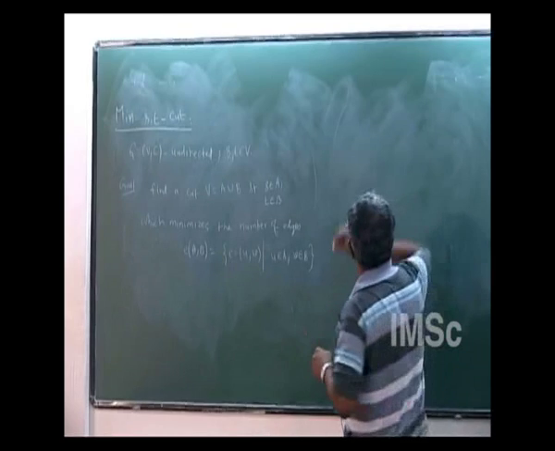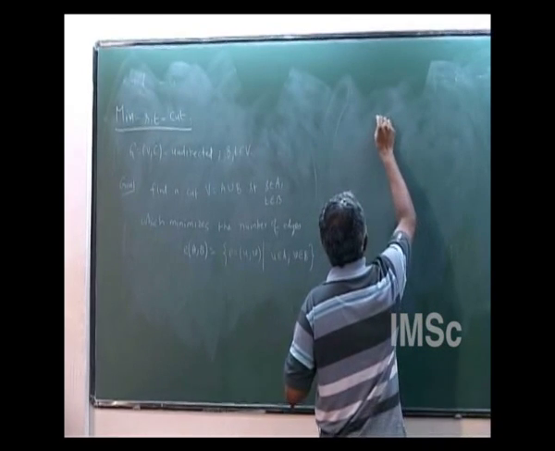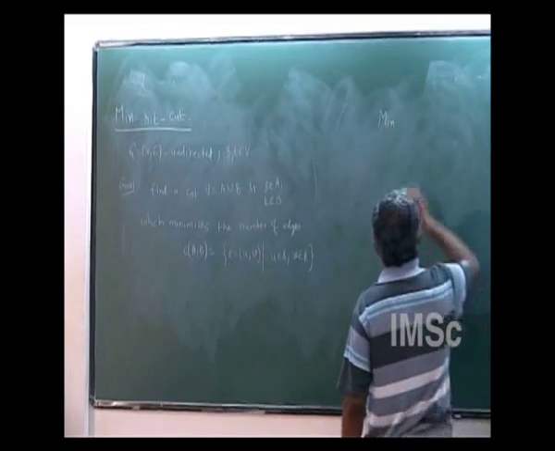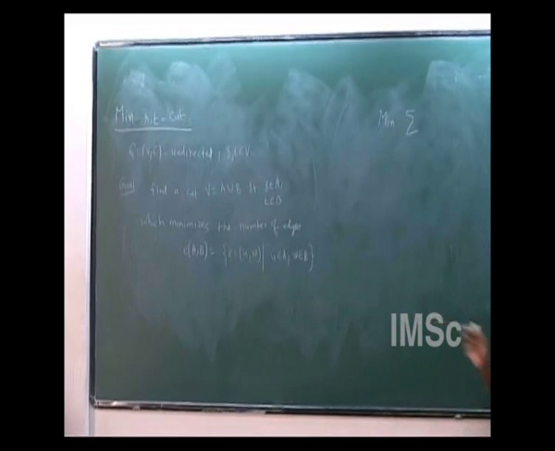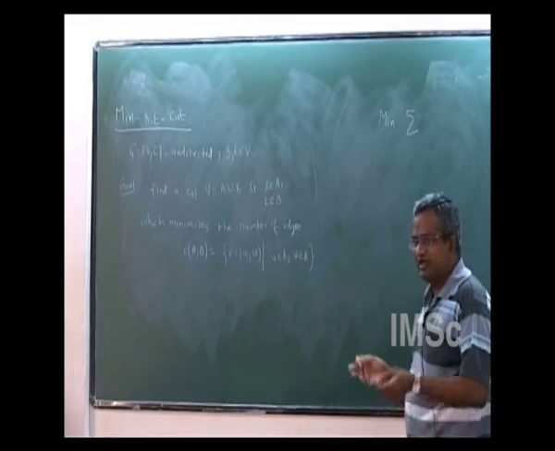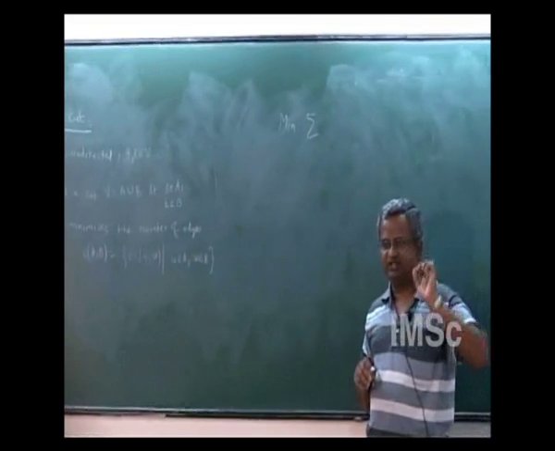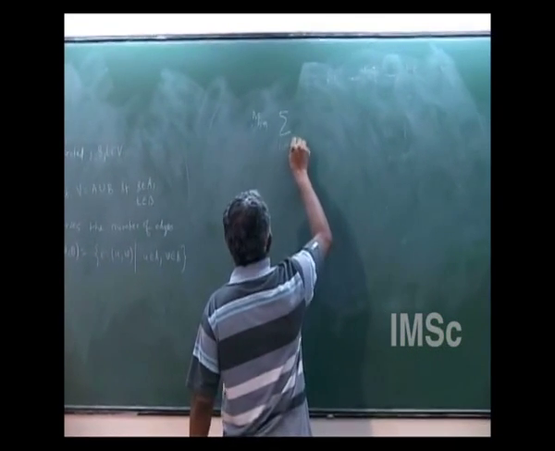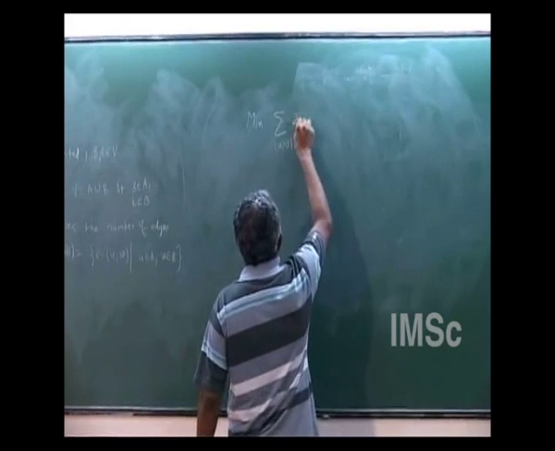So let's attempt one such formulation. We are looking at a minimization problem. Minimize the number of edges that go across the cut. Which means you will try to identify some 0, 1 variable with every edge. So let me call this, for every edge in the graph, ZE.